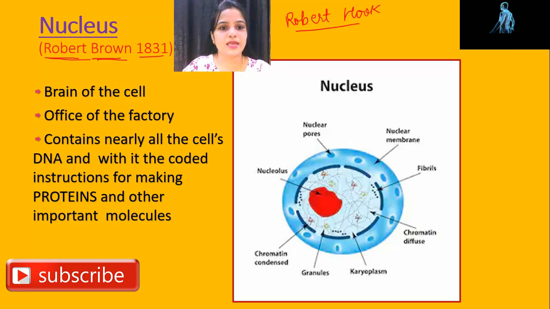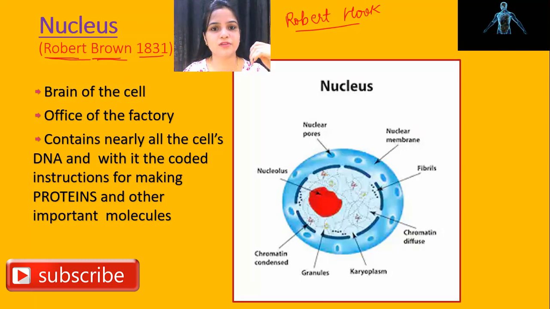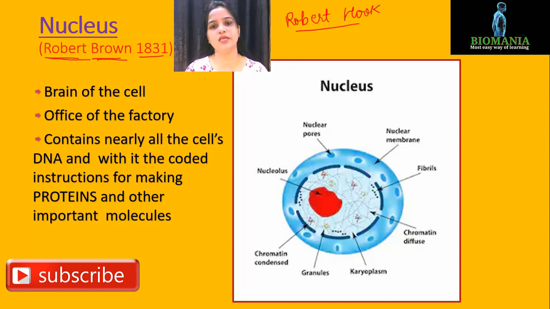Just like in our body, brain controls all the functions of our body, how the heart will work and how the liver will work, how the kidney will work, or you can say the whole process which is going inside the body is controlled by the brain. Just like that, the nucleus has the ability to control all the activities of the cell.